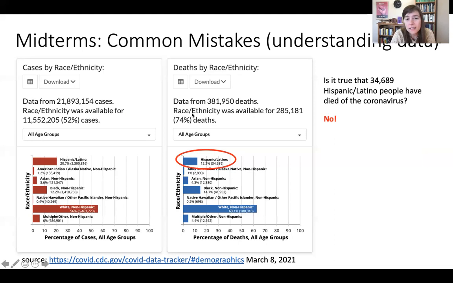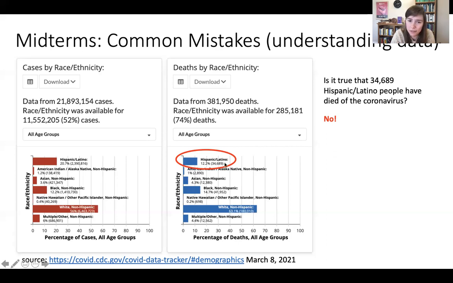And then this is saying that of these 381,000 deaths, the race and ethnicity data was only available for 285,000 of those deaths. So for 74% of the deaths where we had any data at all, we had race and ethnicity data.